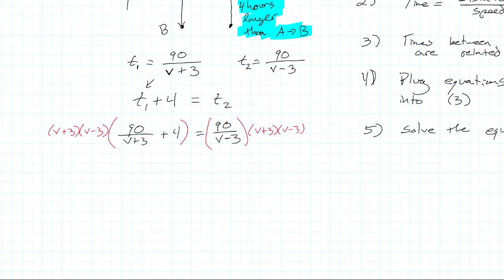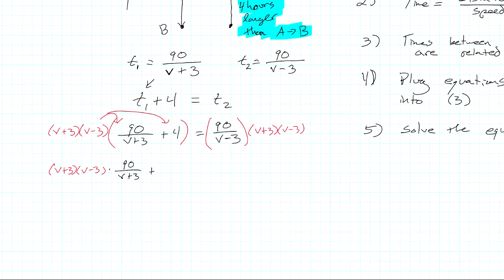We need to take the v plus 3, v minus 3, and distribute it over the addition to both terms, the 90 over v plus 3 and the positive 4. So I'll write that out now. We've got v plus 3 times v minus 3, and this first multiplies by the 90 over v plus 3.